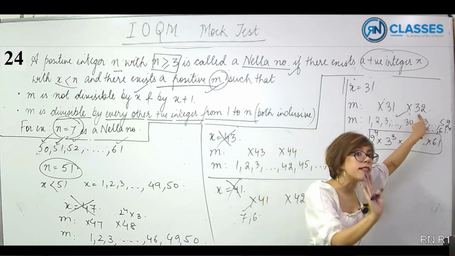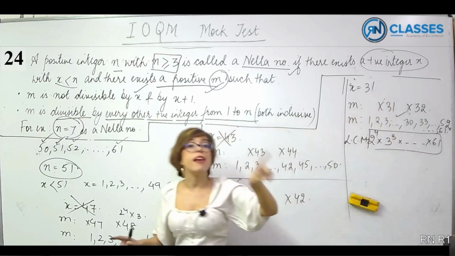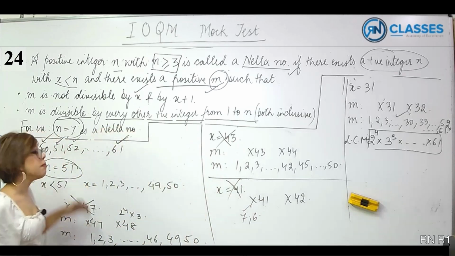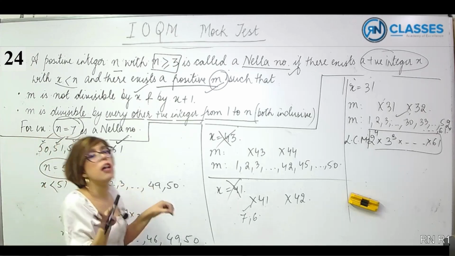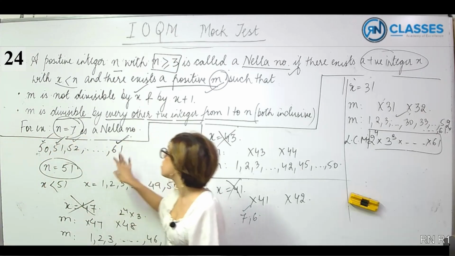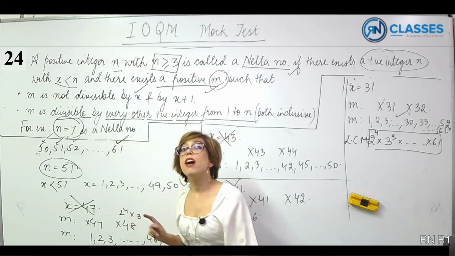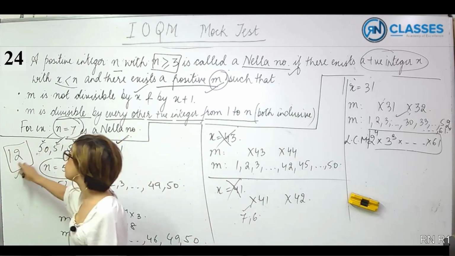So there is an existence of an x, which is x equal to 31, which will make n equal to 61 a Nena number. That means all of these numbers are Nena numbers. He asked me how many Nena numbers are there from 50 to 61, both inclusive. All of these. How many numbers are these? These are 12 numbers. So that means the answer for the first part is 12.